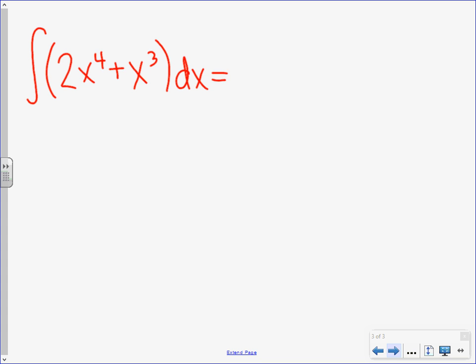All right, 3 examples. Are you ready? Using the antiderivative power rule, we have 2 times x to the 4th. So the 2 stays there. X to the 4th becomes x to the 5th. We increase the power, and then we have to divide by the power.